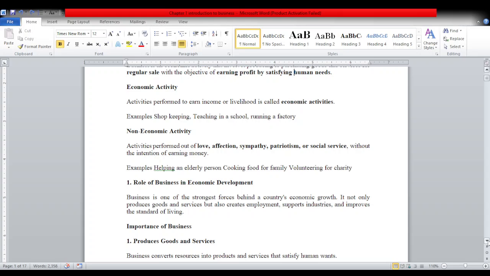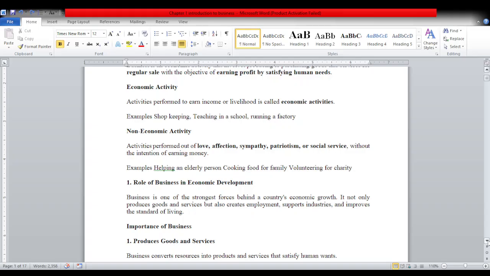People provide goods and services to them so that they can uplift their lives and day-to-day activities, develop themselves, educate themselves, and have nutrition for themselves.